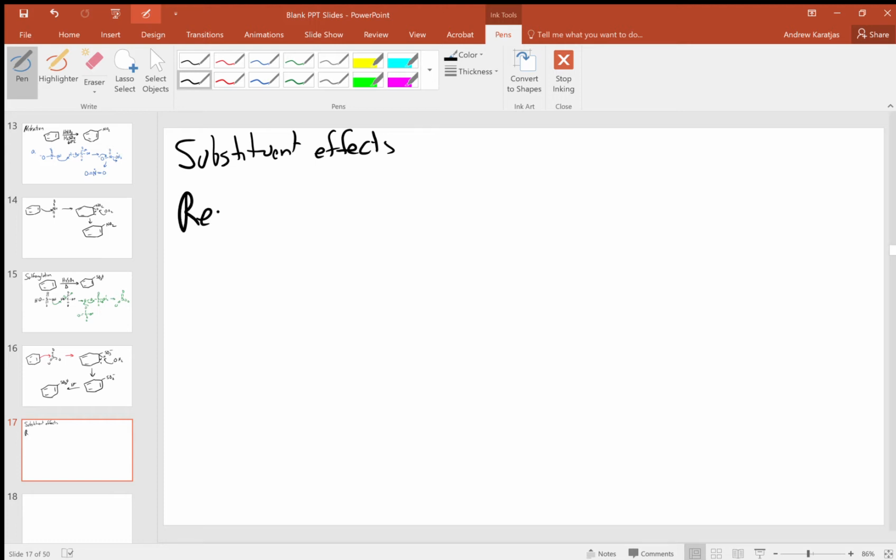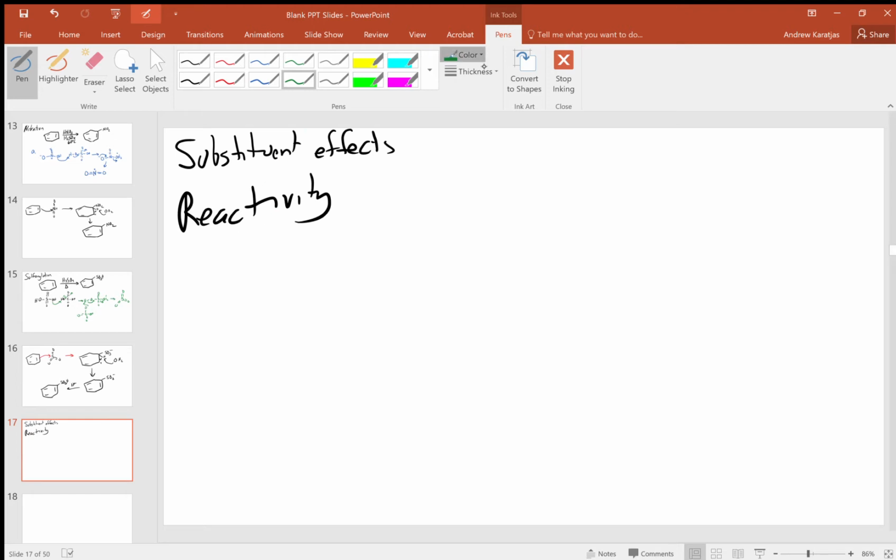So we'll start by talking about reactivity. And this is relatively straightforward. Given that the aromatic ring is functioning as a nucleophile, increasing the electron density in the aromatic ring makes it more reactive, whereas taking electron density away should make it less reactive.